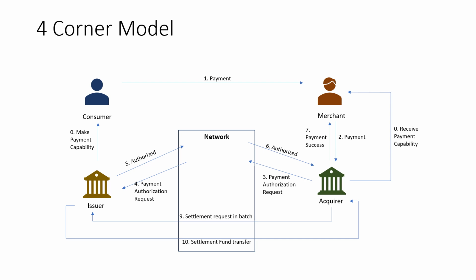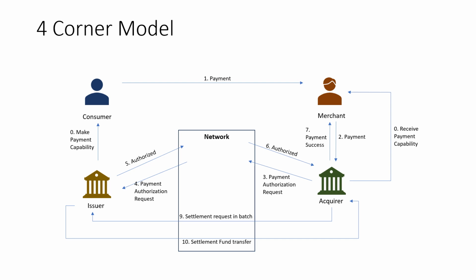A typical payment scenario has four players: consumer, merchant, issuer, and acquirer. If the consumer is using a credit card or any type of card, then when the consumer makes a payment, the merchant triggers an authorization flow to its acquirer bank.